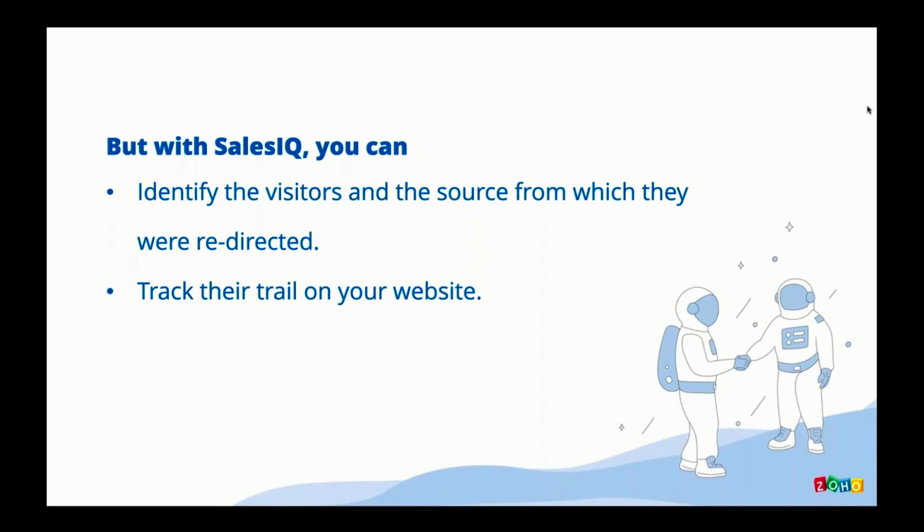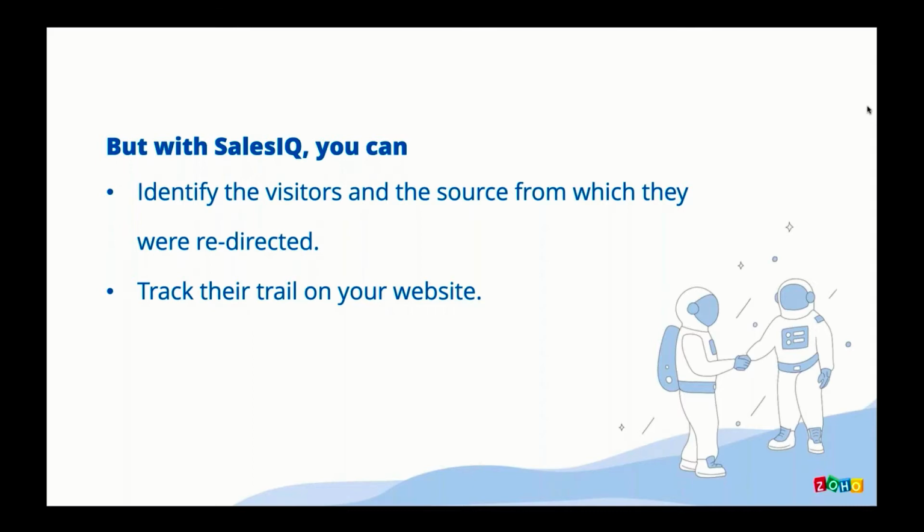Sales IQ lets you identify the visitors who are actually on the website. Sales IQ identifies the visitors on the website using various techniques. Like maybe they already have a trace in Sales IQ, or they might be visiting your website via the email campaign that you had sent earlier.